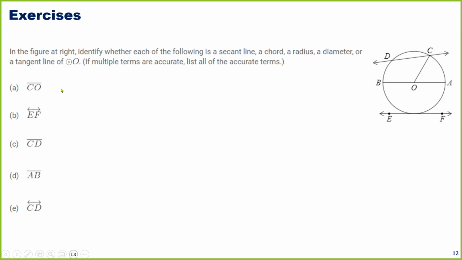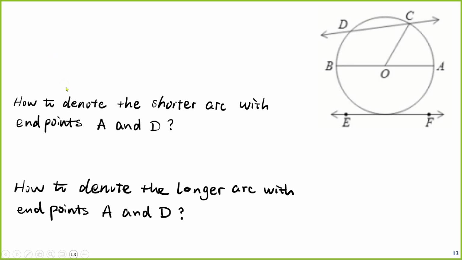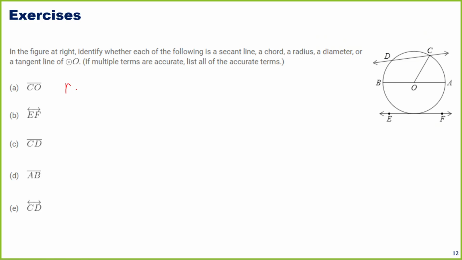Alright, have you finished? So here, CO is a radius of that circle, right? And how about line EF? Line EF only touches the circle at only one point, according to the diagram here. So it's a tangent line, right? And segment CD is a chord of the circle.